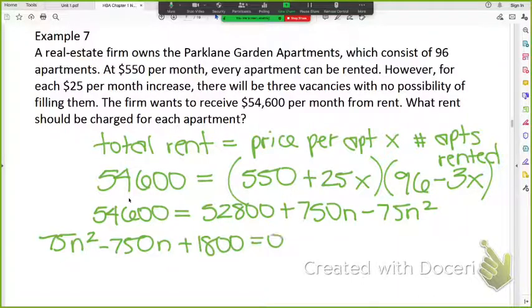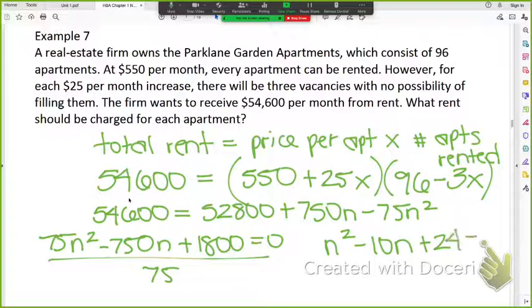Now, I get right here, and this is not necessarily something I'd like to factor. What do you always look for first? Common factors. And in fact, all three of these do divide by 75. So if you divide everything by 75, you end up with something a whole lot easier to factor.